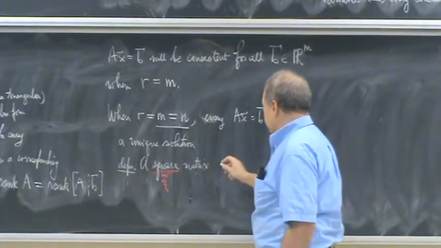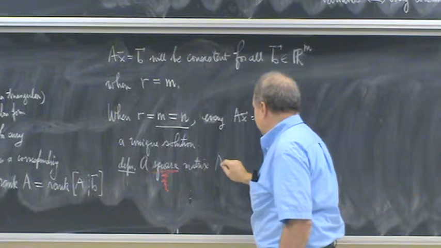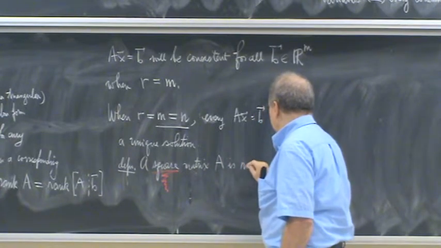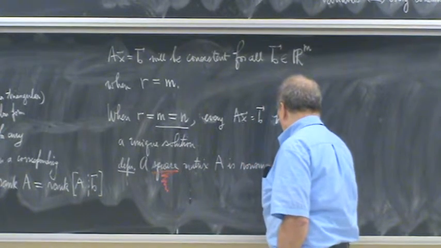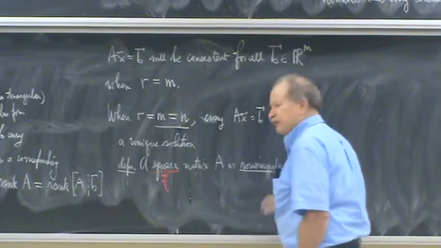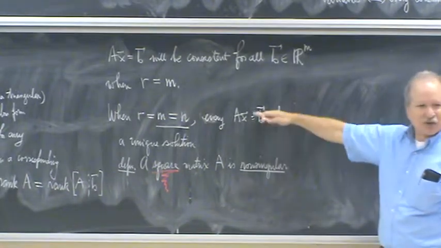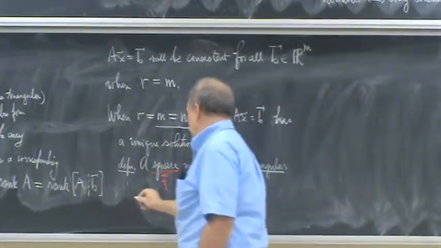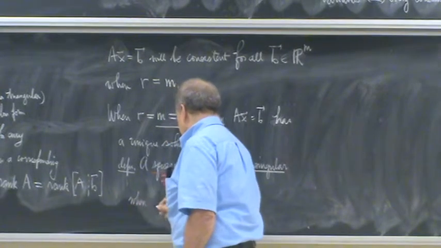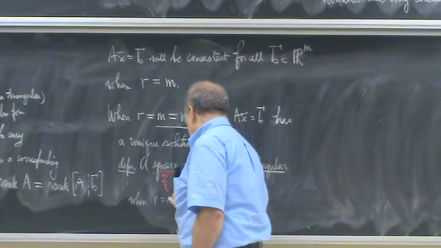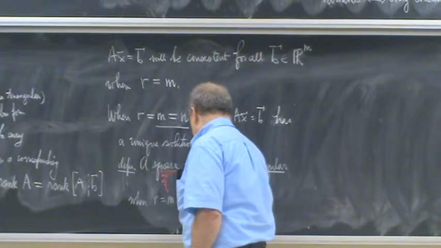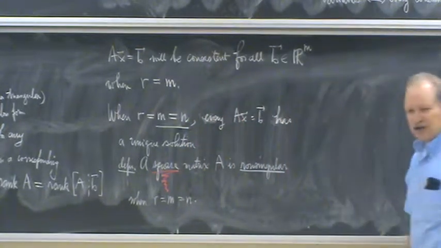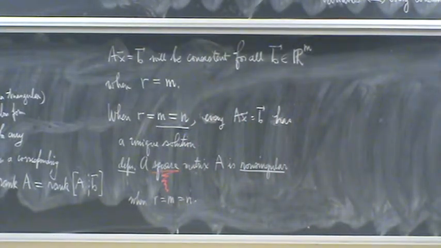A square matrix A is non-singular when this criterion holds: when r equals m. And it's square, so m and n are equal, and if the rank is equal to the size of the matrix, it's called non-singular.